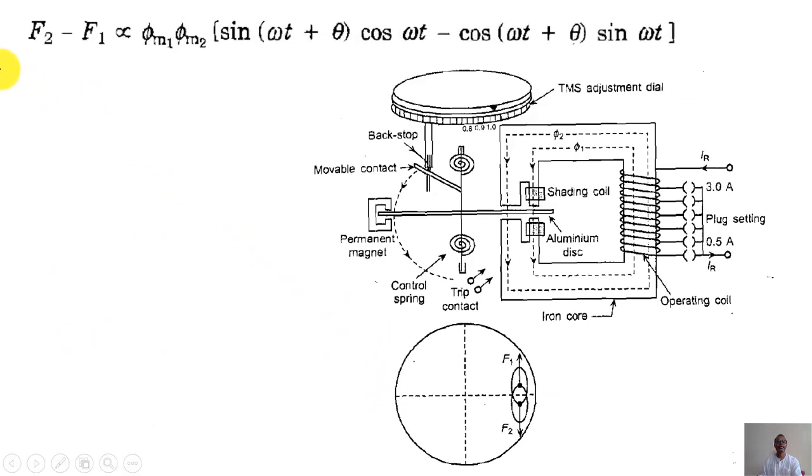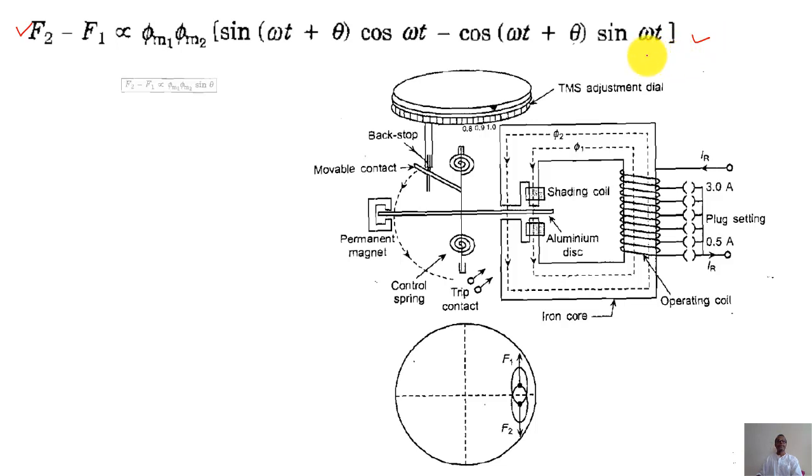So if we find the vector difference between F2 and F1, that is F2 minus F1, it will be directly proportional to phi m1 phi m2 times the difference, which becomes sine omega t plus theta cos omega t minus cos omega t plus theta sine omega t.